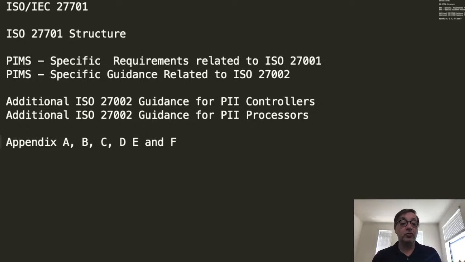The organization should identify and document the specific purpose or purposes for which the PII will be processed. Implementation guidance: the organization should ensure that PII principals understand the purpose for which their PII is processed. It is the responsibility of the organization to clearly document and communicate this to the PII principals.